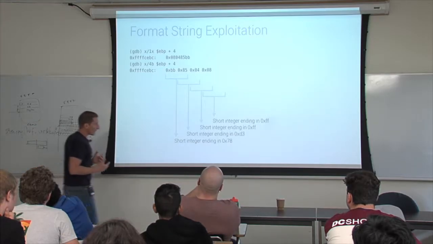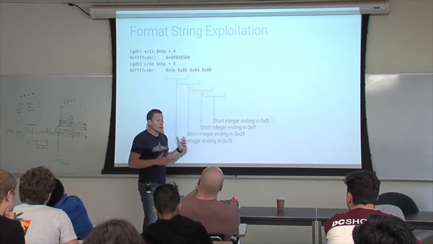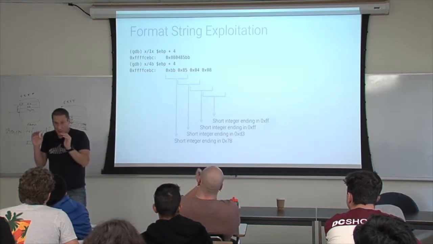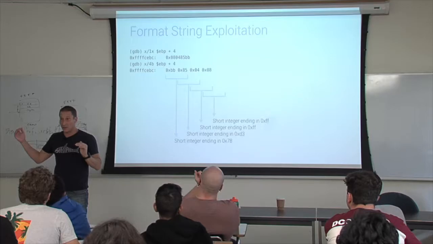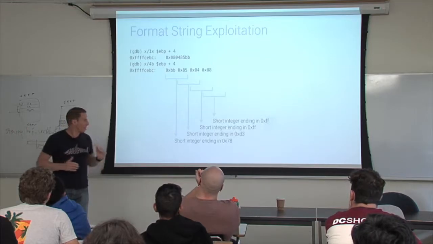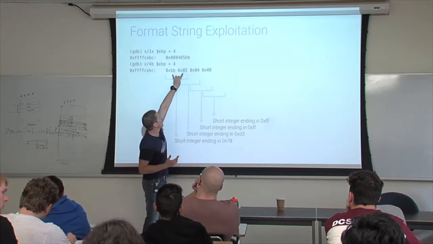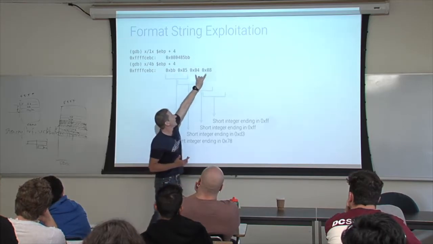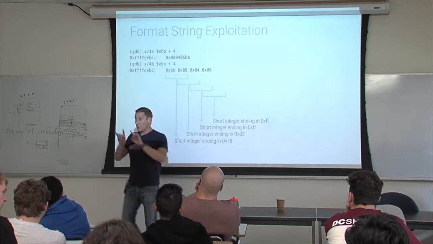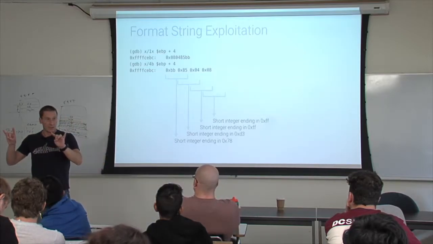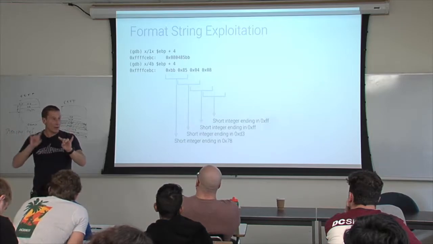The cool thing is that the overall number of characters written always increases, right? One way to do it would be to write just 2 shorts, one here and one here. But what if those 2 values are not in the right order, one before another?